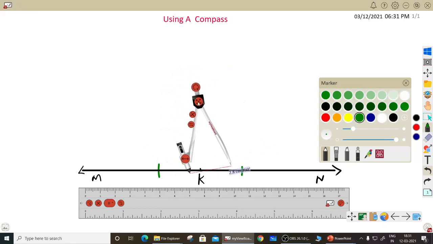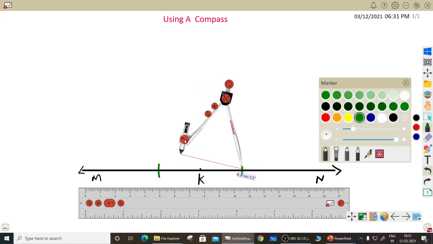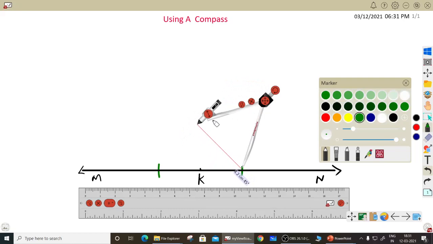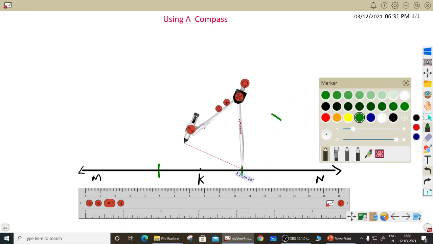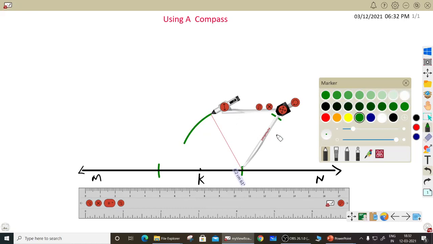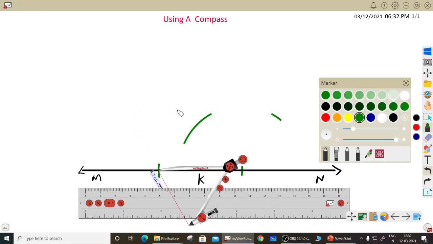Take out the compass, just increase the expansion, bring it like this as I am showing, and draw an arc. Take the compass to the other side. There are no measurements, simply the expansion increased a little.